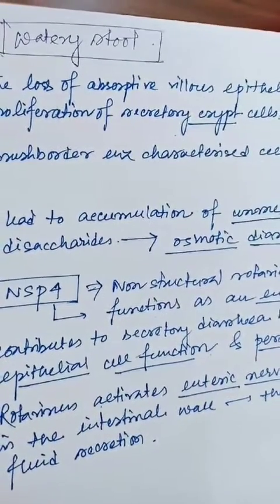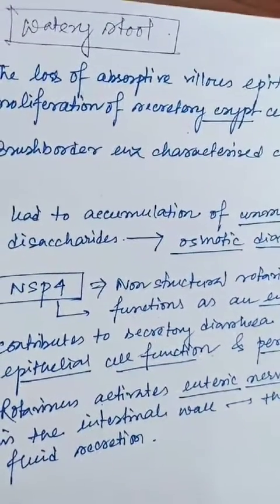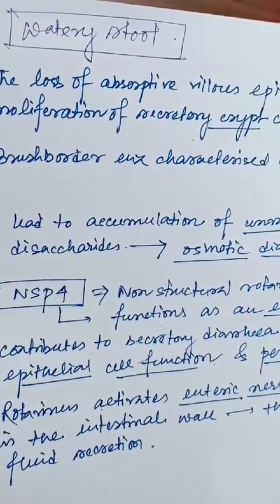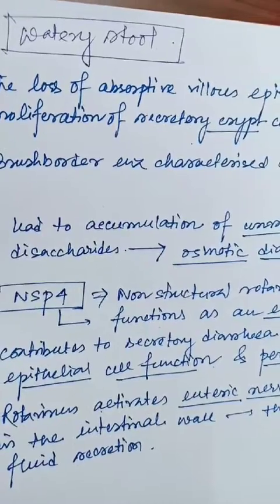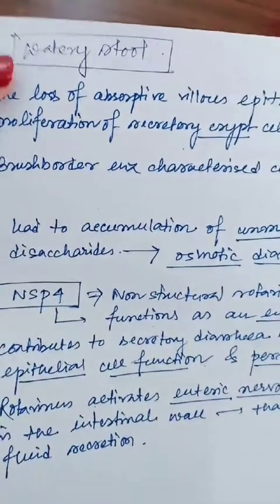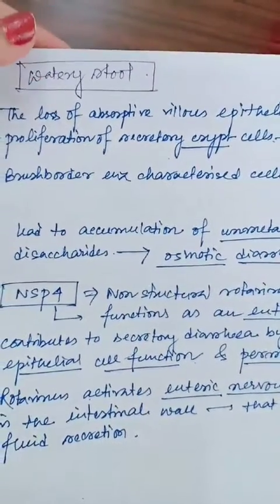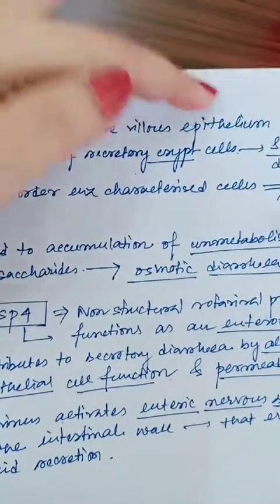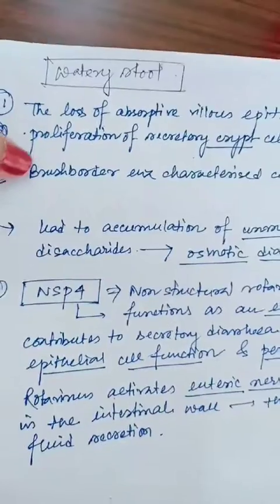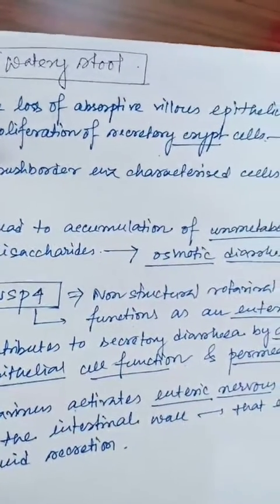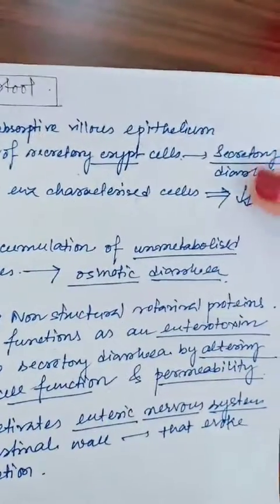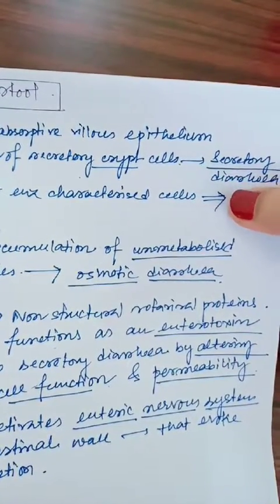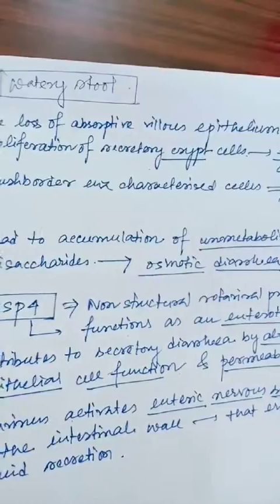As we already discussed, rotavirus infects plus destroys mature enterocytes in the villus epithelium of proximal small intestine. Next, the proliferation of secretory Krebs cells. So proliferation causes secretion, so ultimately causes secretory diarrhea.